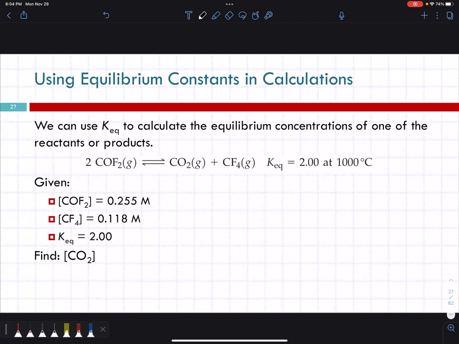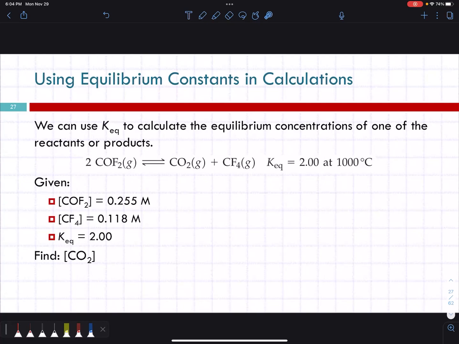So we can also use KEQ to calculate the equilibrium concentrations of one of the reactants or products, provided that we have the concentrations of the others at equilibrium. So if we have this equation, we're given a KEQ at 1,000 degrees Celsius. And we're also given, and these questions would be written like, at equilibrium, the concentration of this is this, and the concentration of this other thing is this other thing.